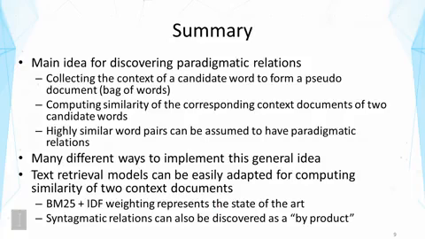These are the words that share similar context. And there are many different ways to implement this general idea. And we just talked about some of the approaches. More specifically, we talked about using text retrieval models to help us design an effective similarity function to compute the paradigmatic relations.